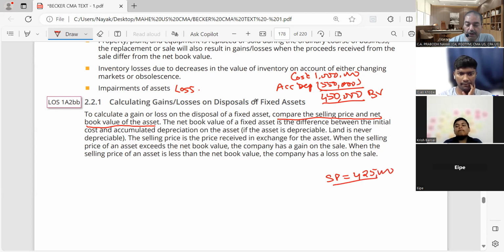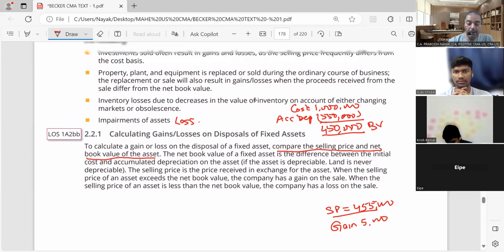You compare this 4,25,000 with 4,50,000 and you say that 25,000 is a loss. Suppose your selling price is 4,55,000. Then there is a gain of 5,000 because you are selling at a price higher than the carrying amount.